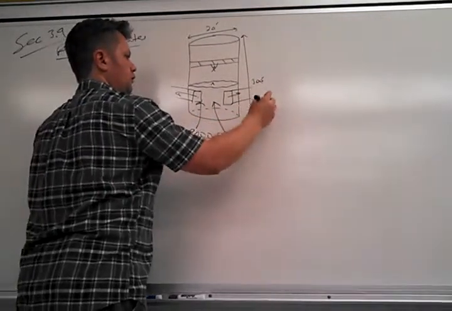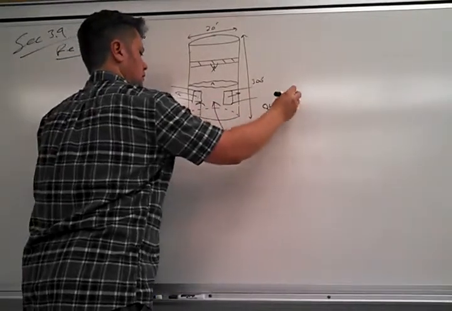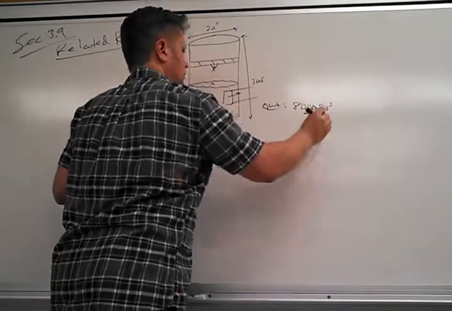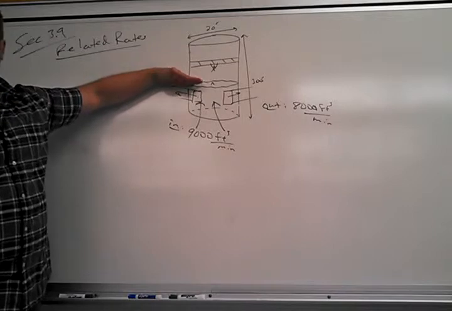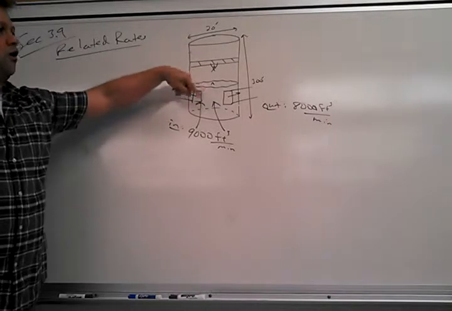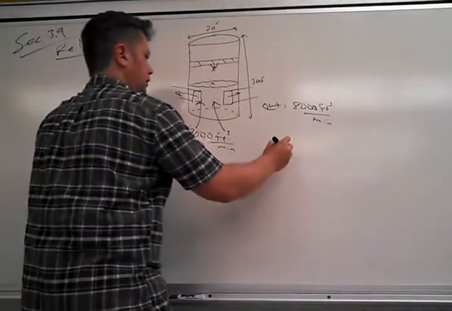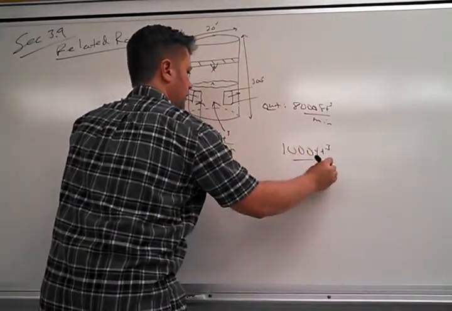And let's say the total flow out was 8,000 cubic feet per minute. Overall, what direction would this water be going? Overall, 1,000 cubic feet per minute in, right? So there's a net flow of 1,000 cubic feet of water per minute coming in.